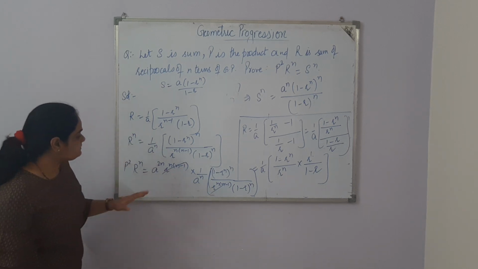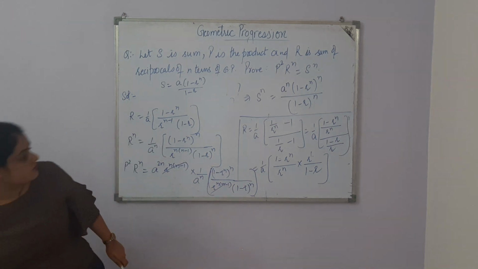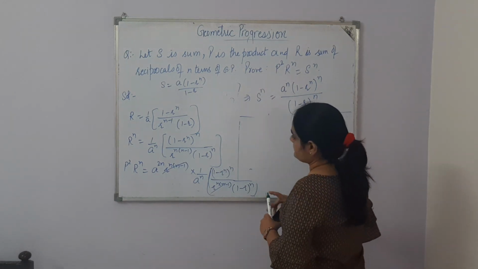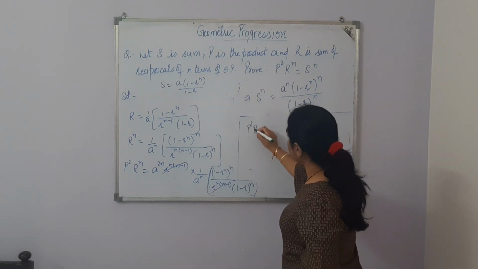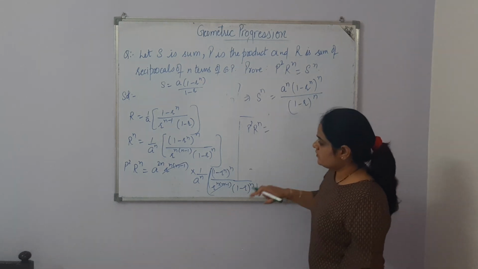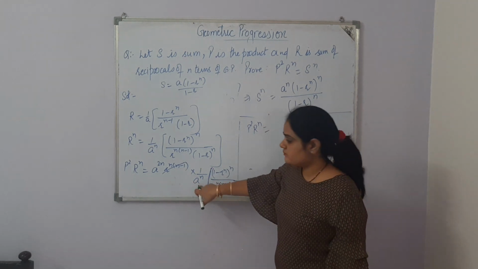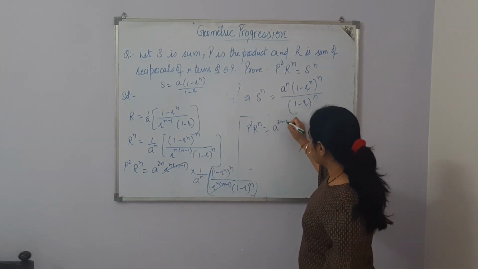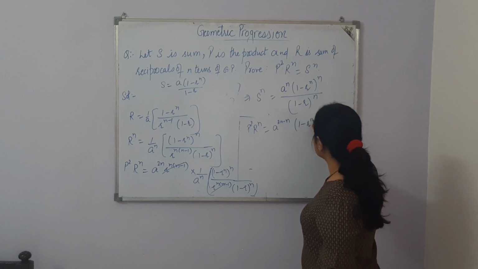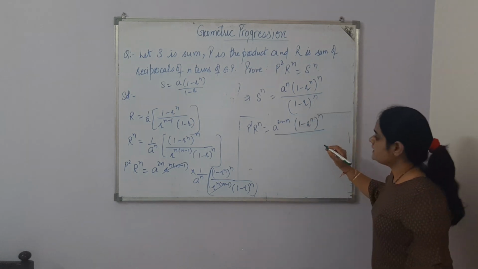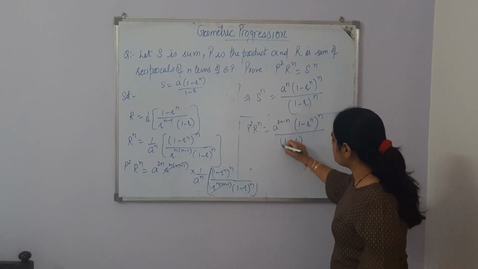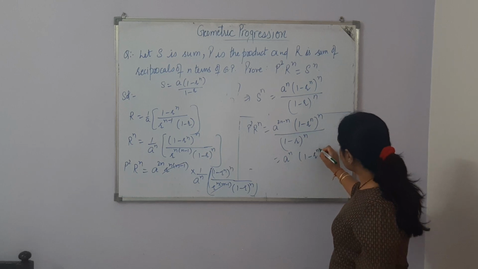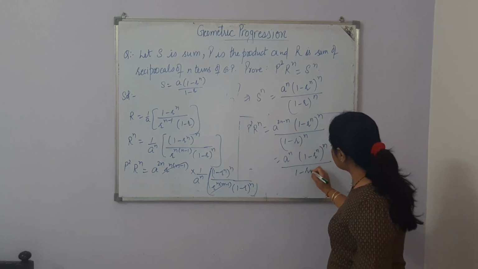Now what we have is p square R raised to power n. Now bases are the same, a, and the powers, a divide symbol is there, so we can subtract the powers, 2n minus n, and inside (1 minus r raised to power n) whole raised to power n upon (1 minus r) whole raised to power n. 2n minus n is n. (1 minus r raised to power n) whole raised to power n upon (1 minus r) raised to power n.